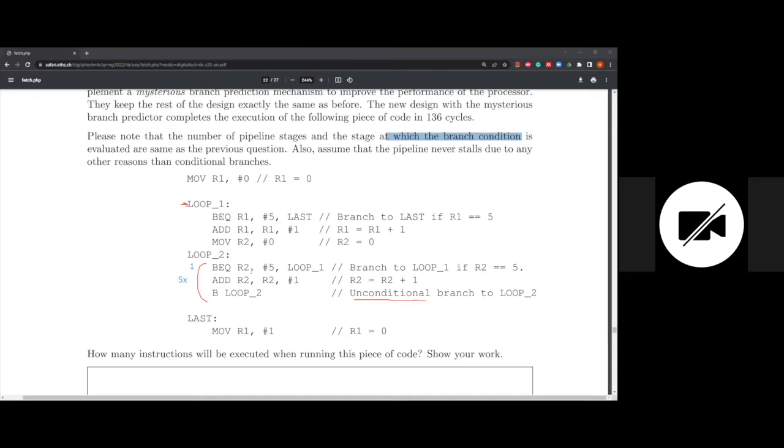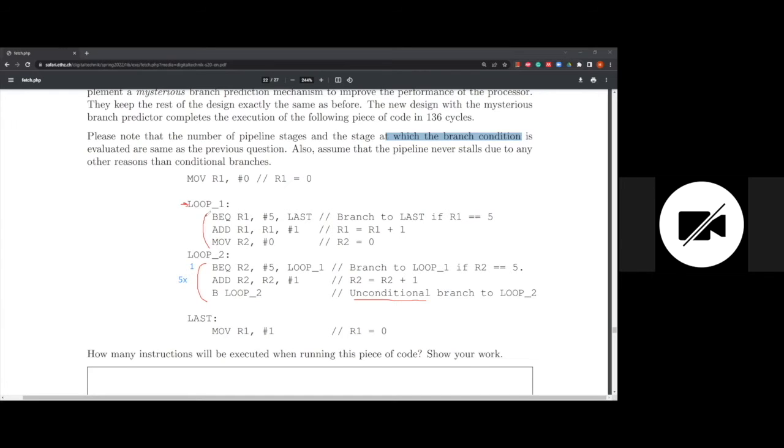Okay, so the same logic actually applies to this loop 1 part. It's exactly the same thing as loop 2, but with the difference that after going through this part once, we execute loop 2 5 times, 5 plus 1 times, let's say. Well, 5 times the 3 instructions and 1 more time the branch equal instruction, to be more precise.